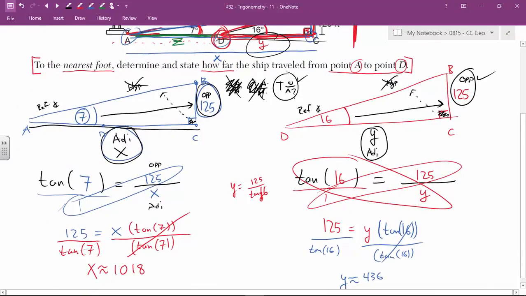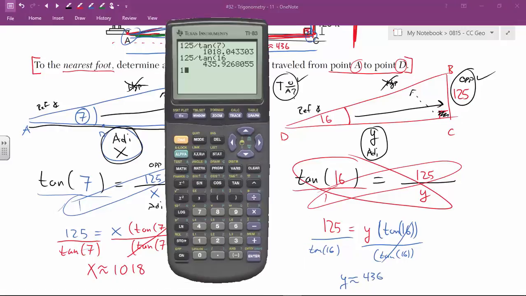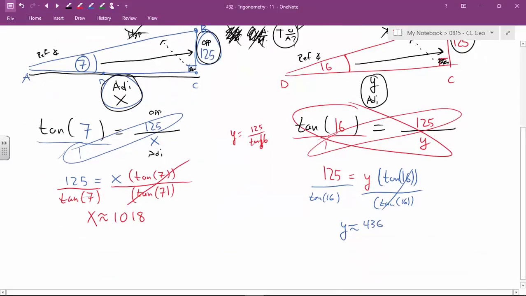So up here, we know that x is about 1018 and y is about 436. So to figure out z, it's just 1018 minus 436. So we're going to get 582. Z equals about 582. So you could show that work.